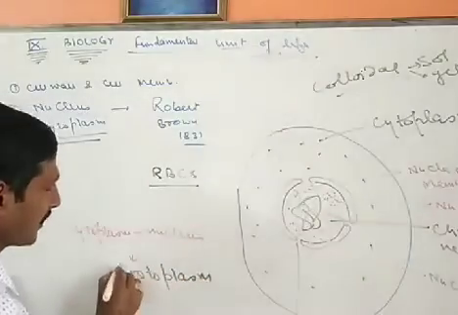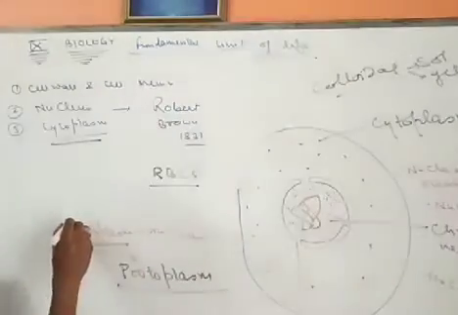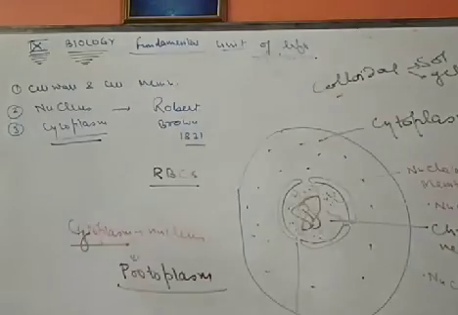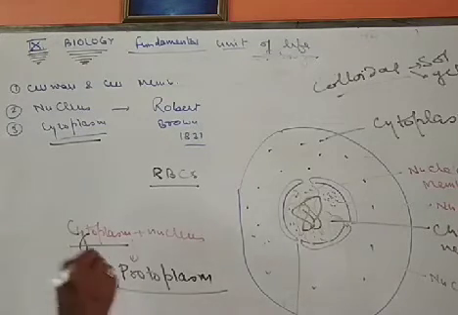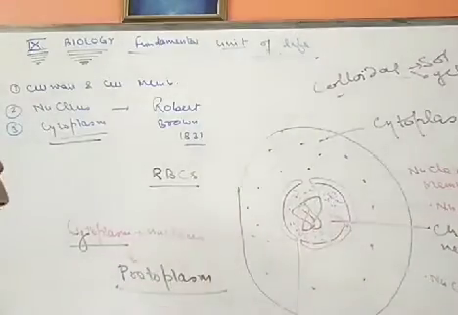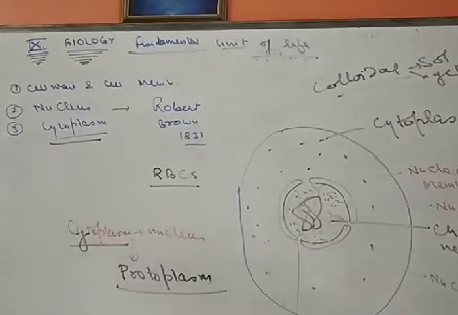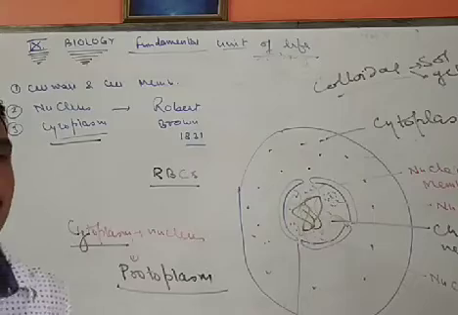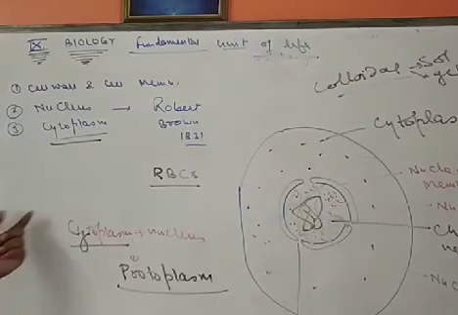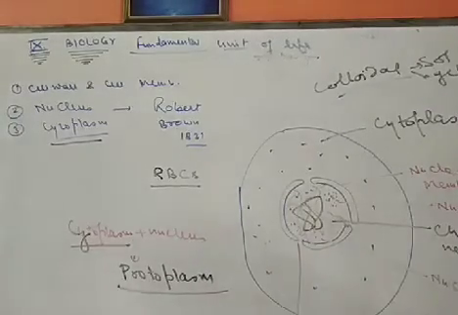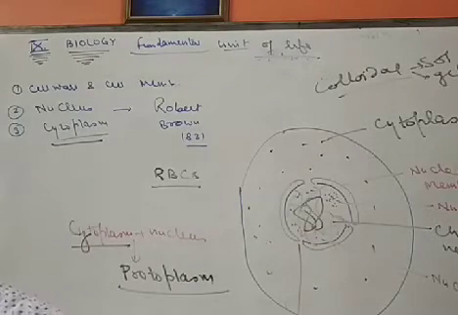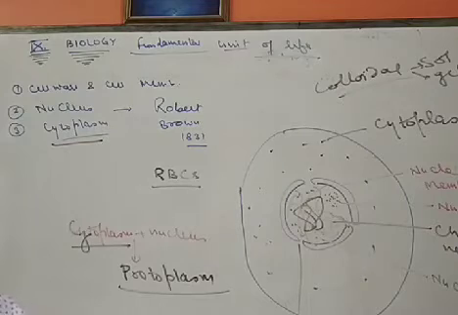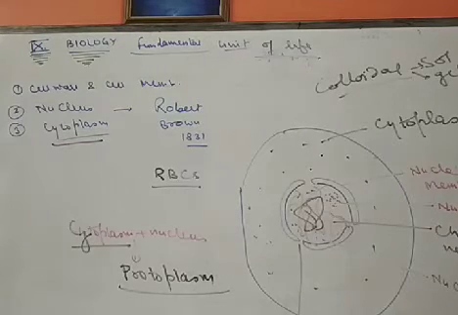Cytoplasm contains a large number of cell organelles embedded here and there. These cell organelles are namely mitochondria, endoplasmic reticulum, Golgi body, ribosomes, lysosomes, and all other cell organelles embedded in cytoplasm. We'll discuss these cell organelles in coming lectures, but here we will discuss the major function of cytoplasm.